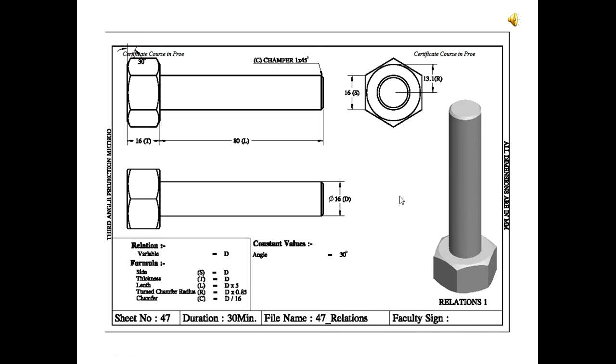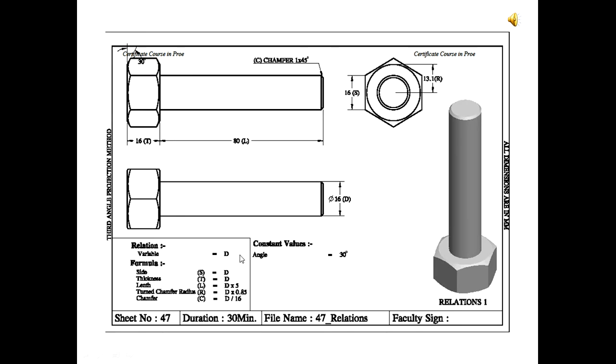Say in this example, the bolt is to be varied as per the core diameter, that is 16.5. In simple words, we can say that bolts of different core diameters, that is 5, 10, 25, 50, 100, 200, etc. are required according to the end use application.